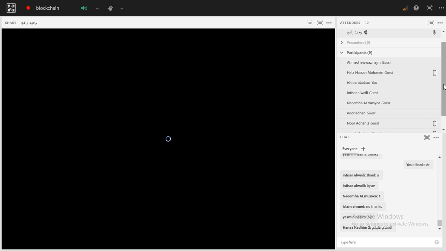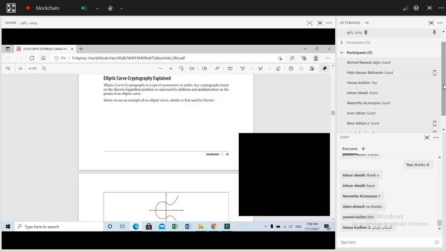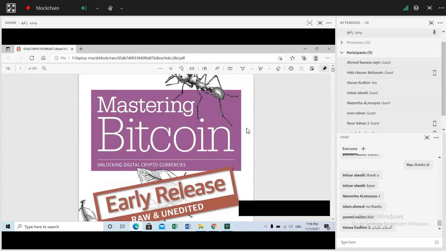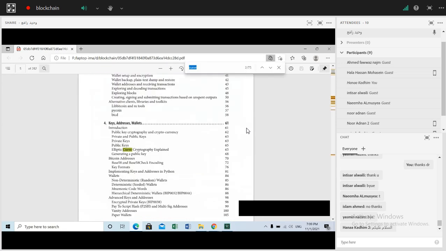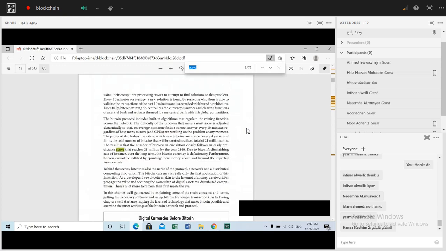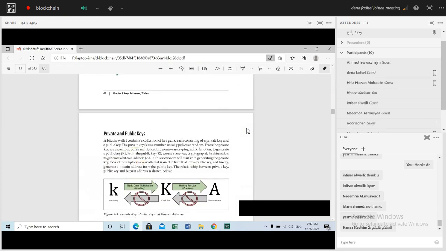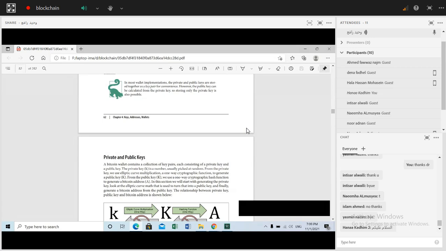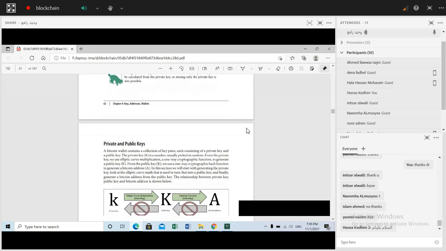These are the two books that I introduced to you at the beginning of the semester, Mastering Bitcoin, sent to the Telegram group. So study page 63.